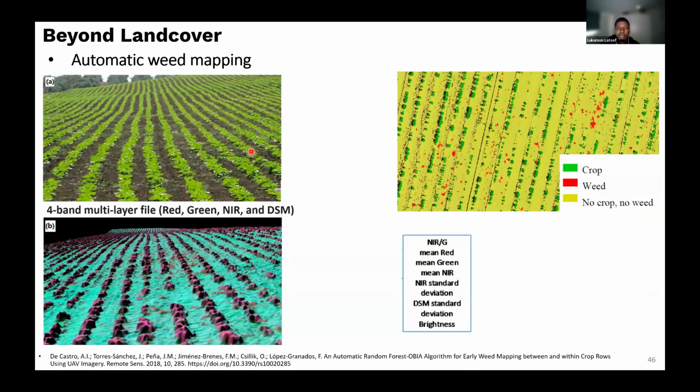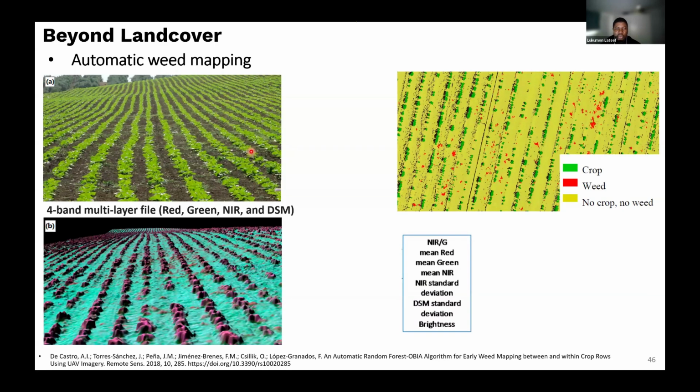Also, this is about trying to distinguish weed from the crop. This is even more technical because weed and crop belong to the same class of vegetation. But one important thing that we can learn from this is that the height of the weed and the crop will differ, especially at the start of the growing stage of the weed.